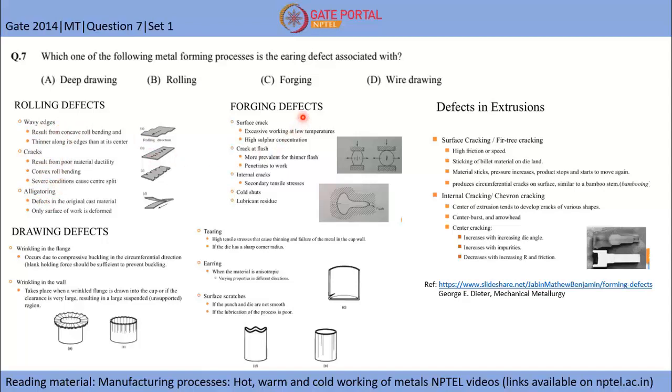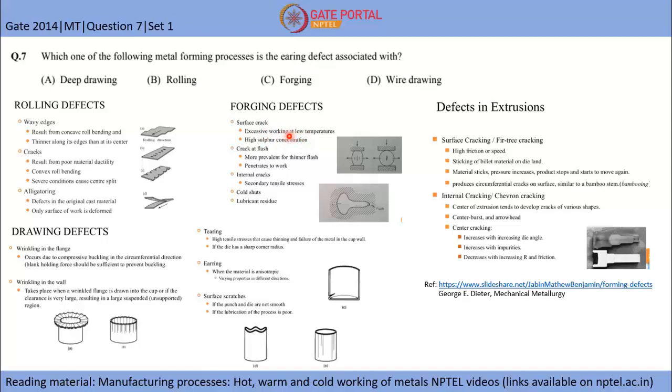Now coming to the forging defects. In forging, we have a workpiece and a ram with which we are pressing our workpiece. First is surface crack generation. If you are performing forging at low temperatures, this can occur.